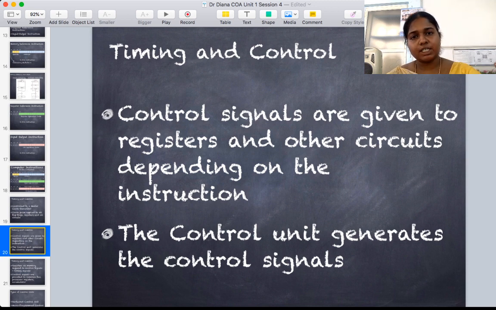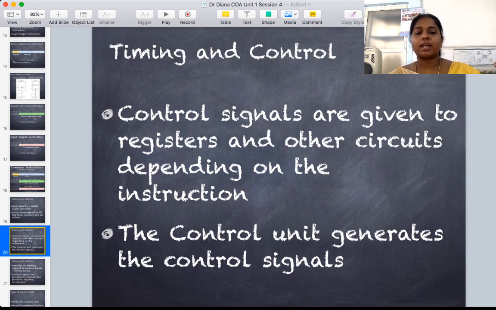So a register needs a signal and the memory device also needs a signal. These signals are called control signals. So every time there has to be some operation performed, some control signal along with the timing signal is given to different parts of the computer. Such signals are called control signals.